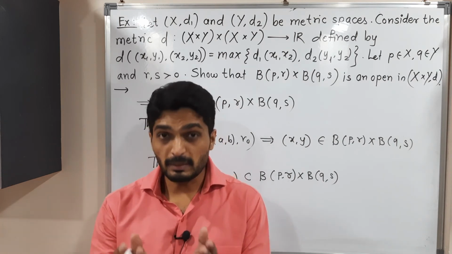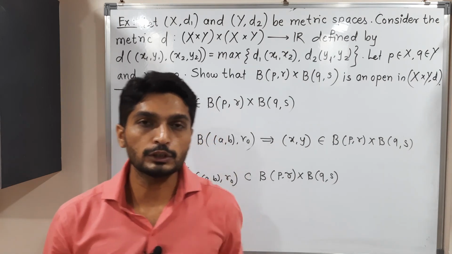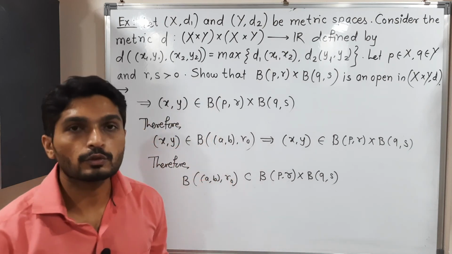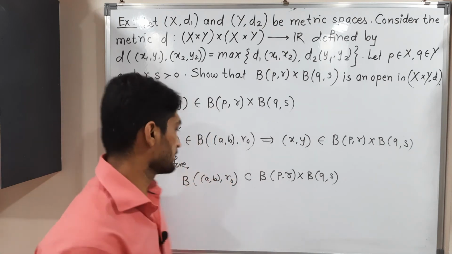So the open ball with center (a, b) and radius R0 is a subset of the product of these balls. And (a, b) was an arbitrary point, so it is true for each point of this set. Therefore we can declare it is an open set.